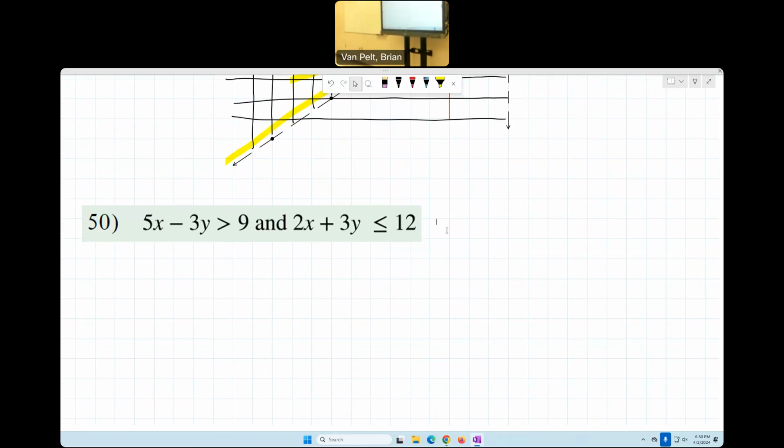First one, you've got to solve it for y, and then you're going to be able to graph it. So let's start with the first one. You subtract 5x. Then I'll divide by -3.